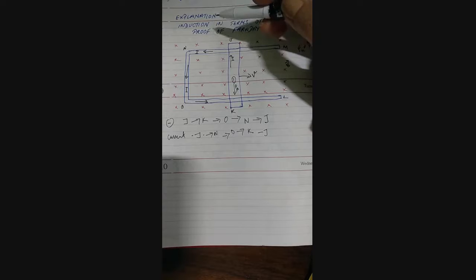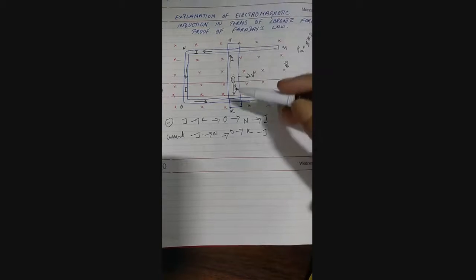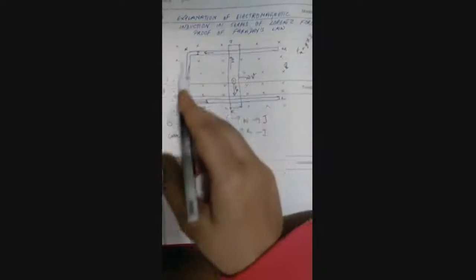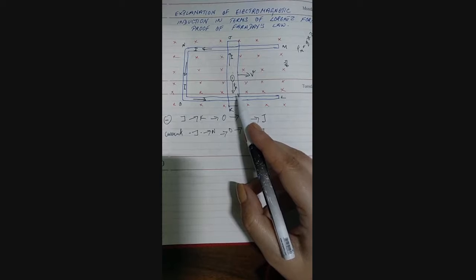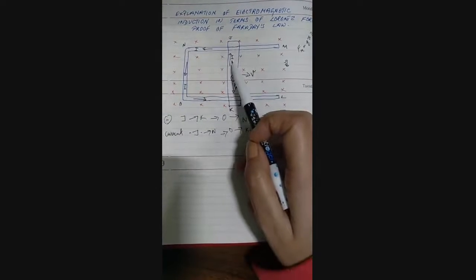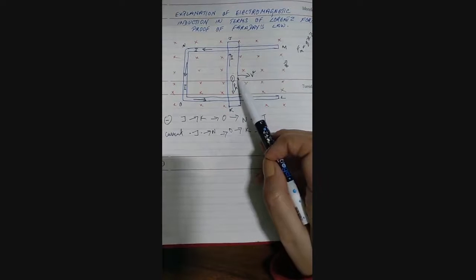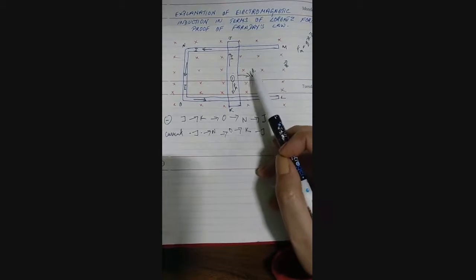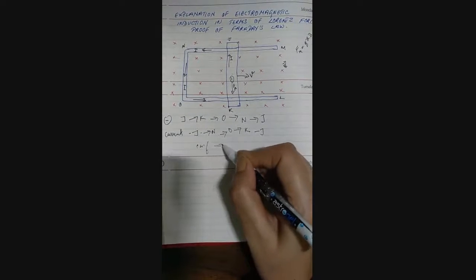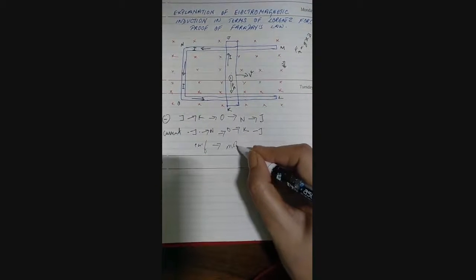Since this EMF induced in the rod is due to the motion of the rod, it is also called motional EMF. So this EMF generated over here is not because of any battery, it is because of the motion of this rod JK from one point to another in this right direction with velocity v. So that EMF will be known as motional EMF.